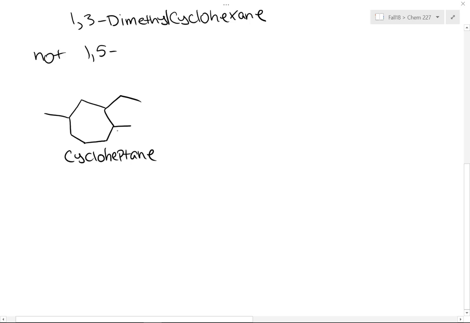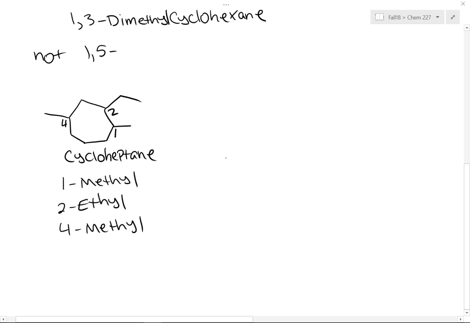If I start numbering at this methyl here, 1, and continue to the ethyl, 2, I'm going to get the lowest locants. 1, 2, nothing at 3, carbon 4, nothing at 5, 6, or 7. So I'm going to have a 1-methyl, a 2-ethyl, a 4-methyl. So 1, 2, and 4.